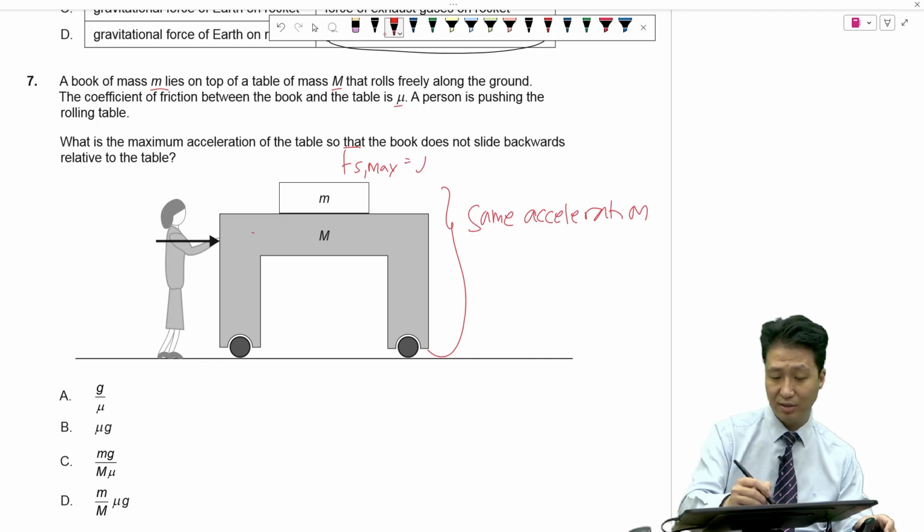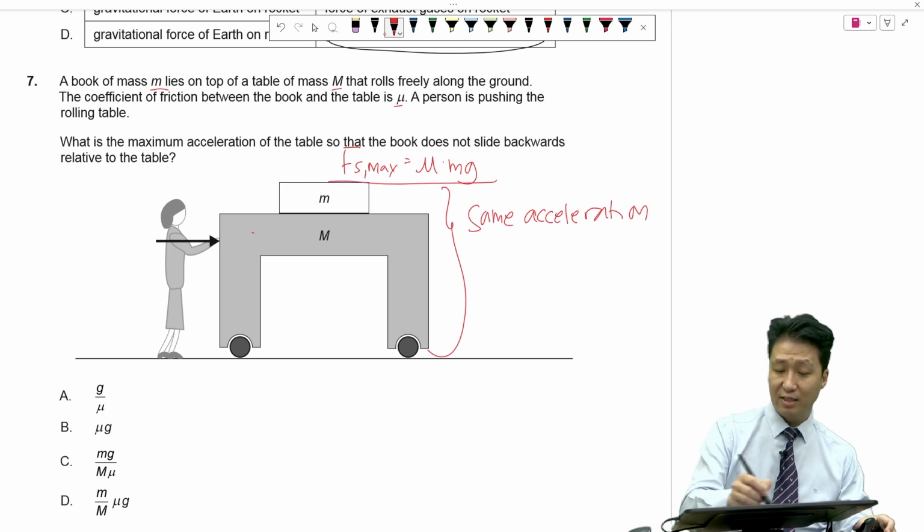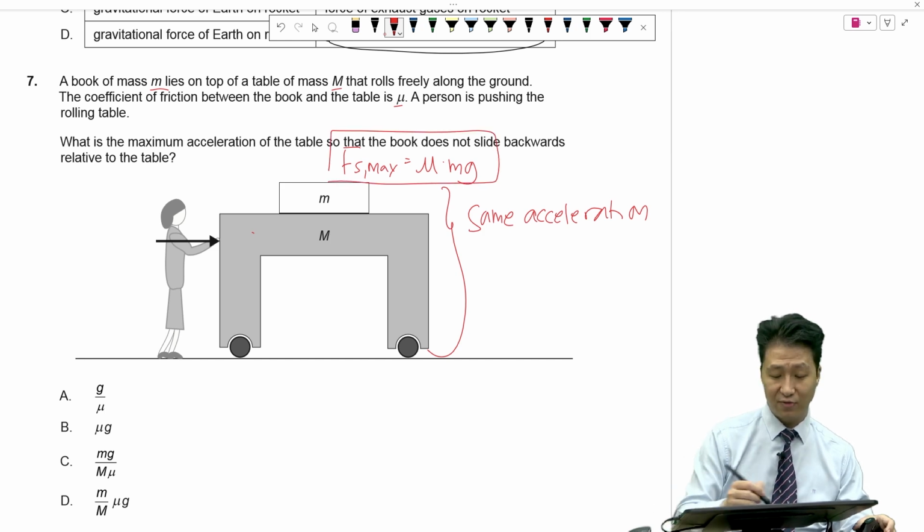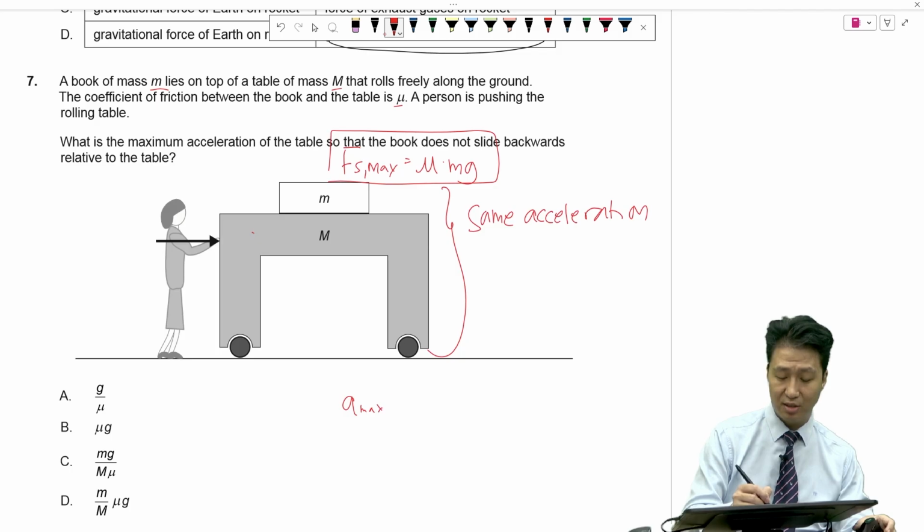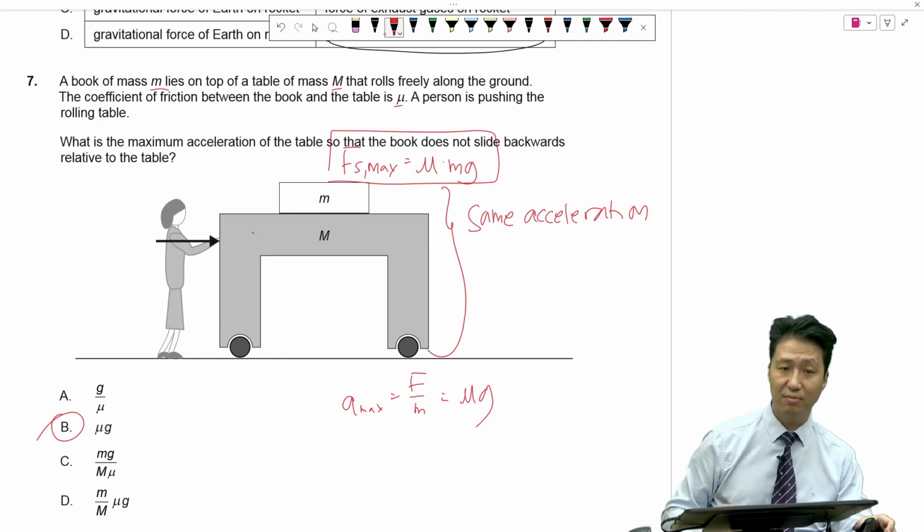Of course, the maximum value is the coefficient of static friction times the normal force R, which in this case, being horizontally flat, would be just mg. Now, if that is the maximum net force on the book, the maximum acceleration, which is the force over the mass, would just be mu g. The answer should be B.